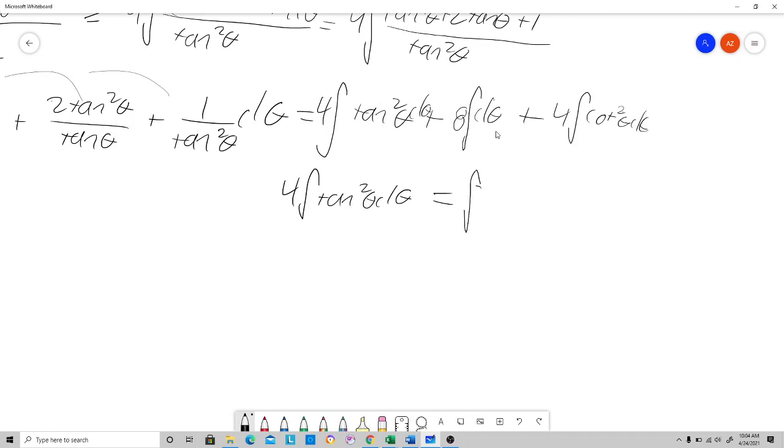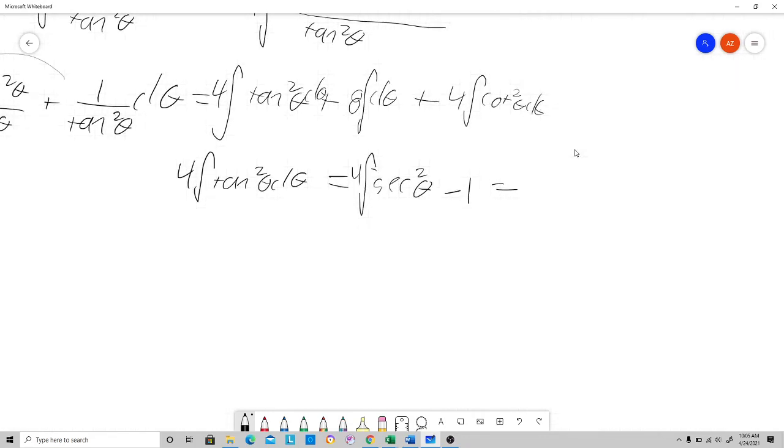It's a Pythagorean identity, so it'll be 4 times secant squared theta minus 1. And if we solve this, the integral of secant squared is tangent, so it will be 4 tangent theta minus 4 theta. Okay, so we have the first term.